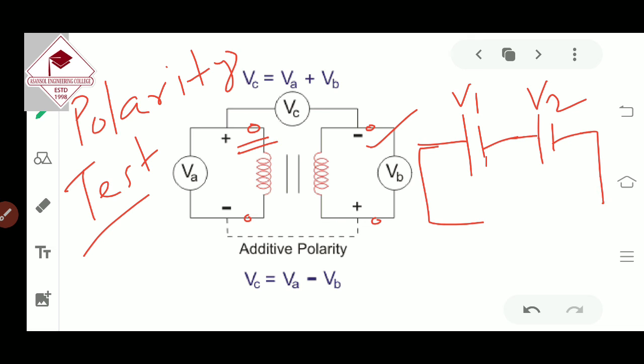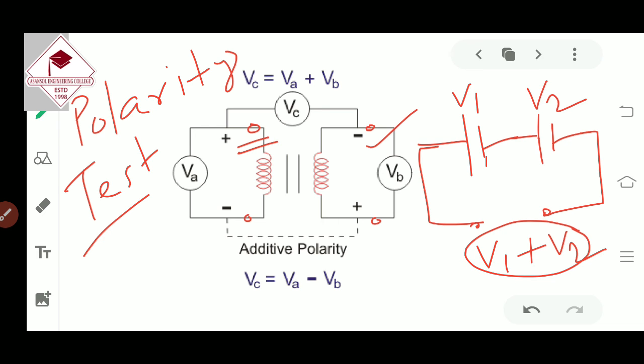Means the total voltage across these 2 points will be how much? Can you guess how much? So it will be V1 plus V2, right?